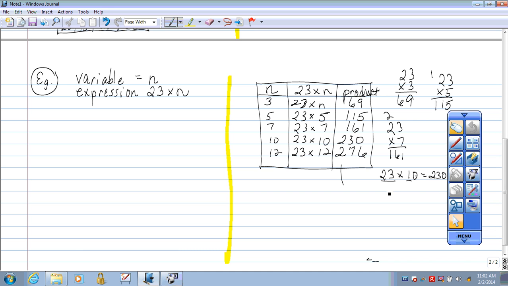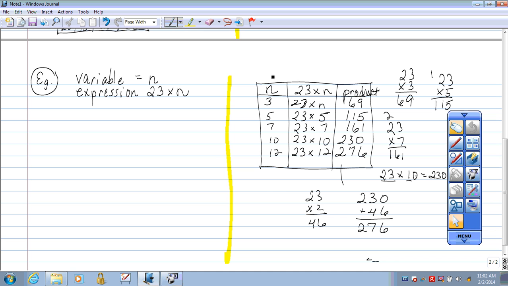And then 23 times 12, we used a little mental math, and we did the 23 times 10, and then we did 23 times 2, and we added them up to find out what the 12 was. So this is an example of how to use an algebraic expression and solve equations that will be changing when your value of n changes.